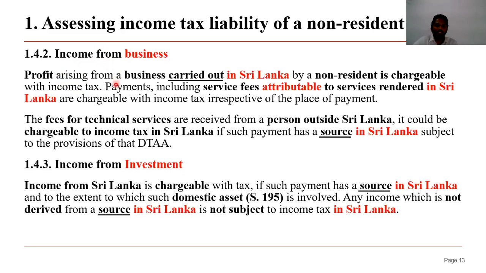Then how are we going to tax the profit arising from a business? An individual who is doing a business in Sri Lanka, we say it is carried out in Sri Lanka. Because he is getting the profit because he is doing a business in Sri Lanka, a non-resident is chargeable with income tax.